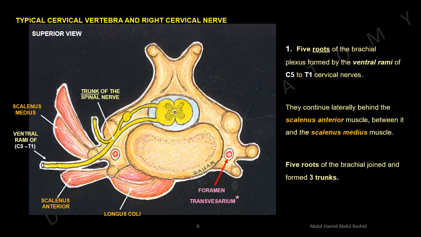This is the diagram of a typical cervical vertebra and right cervical nerve. We are looking from above, superior view. What is the most important criterion of cervical vertebrae? All 7 cervical vertebrae have foramen transversarium.